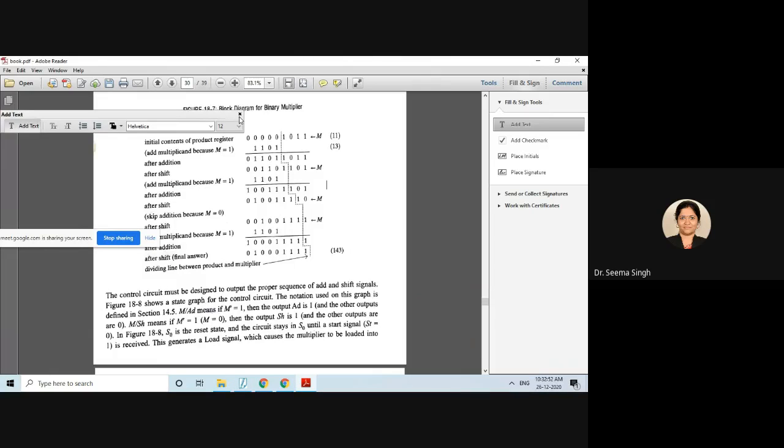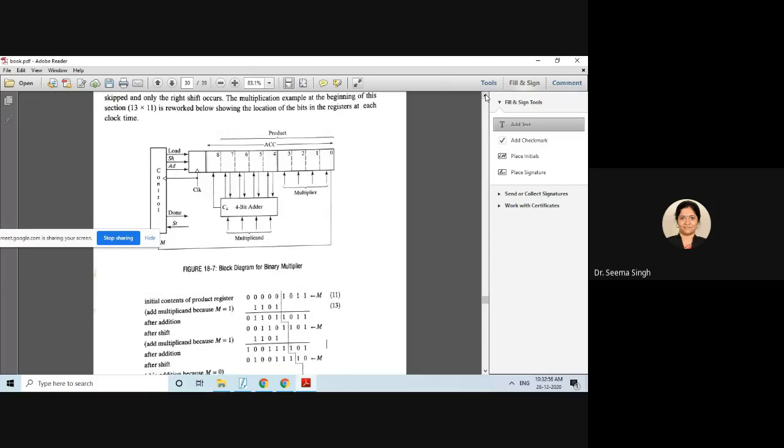Now you can see this circuit again. The job of the control circuit was first to start. As soon as it starts, loading happens. After loading, your addition happens for the 4 times. If there is a 0, addition does not happen, only shift happens.